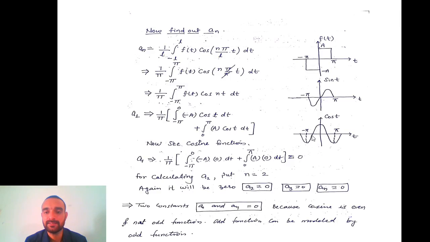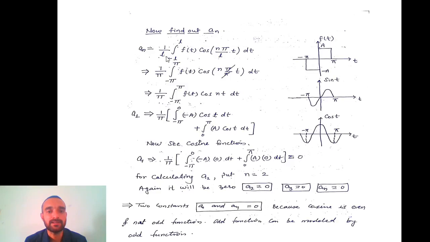We can see in this signal that from minus pi to 0, there are two values, a negative value and a positive value. These values are equal, so this area and this area will cancel to 0. From 0 to pi, there are another two areas, positive and negative, and these will also cancel to 0.